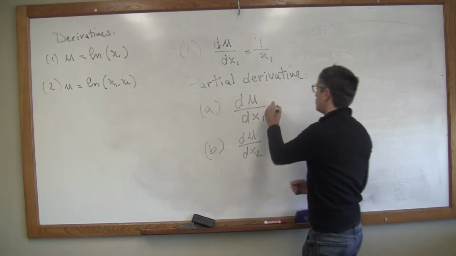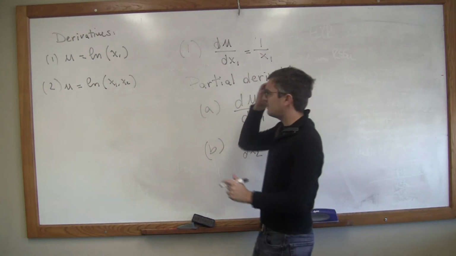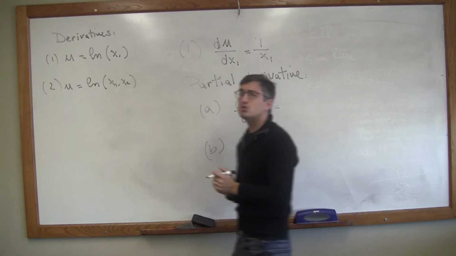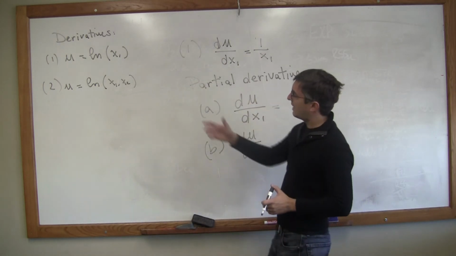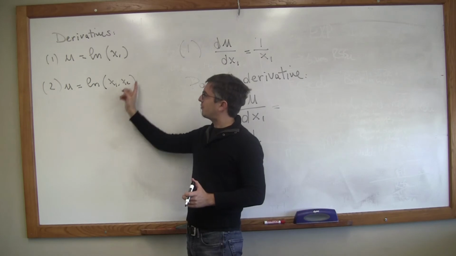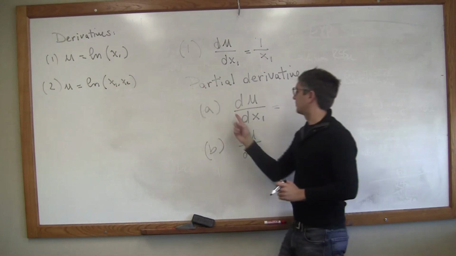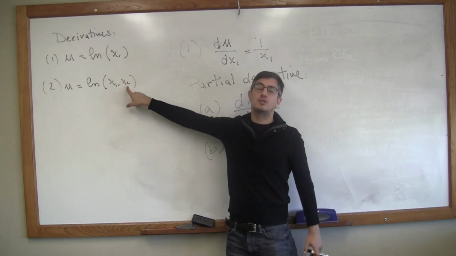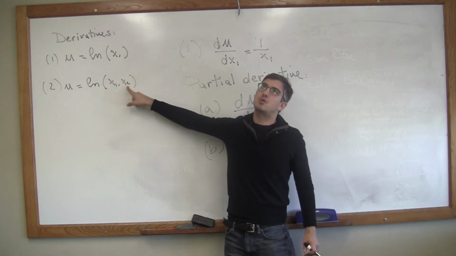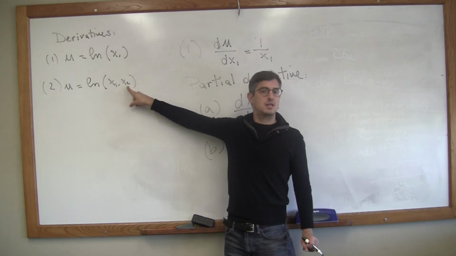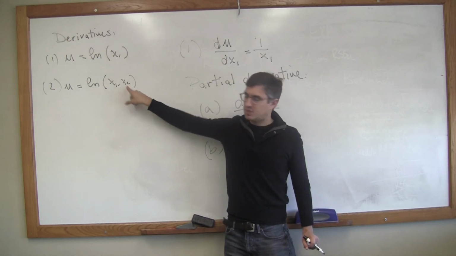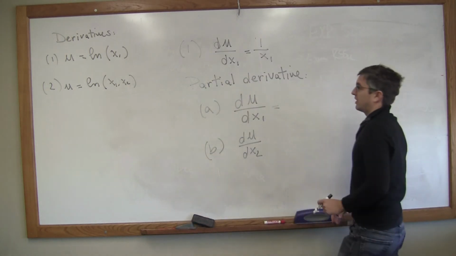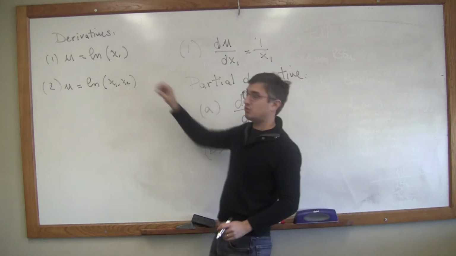Now, we take the derivative of the utility with respect to x1, holding x2 constant. That means we consider x2 as if it were a fixed number. To get this derivative, we're going to have to use the chain rule.